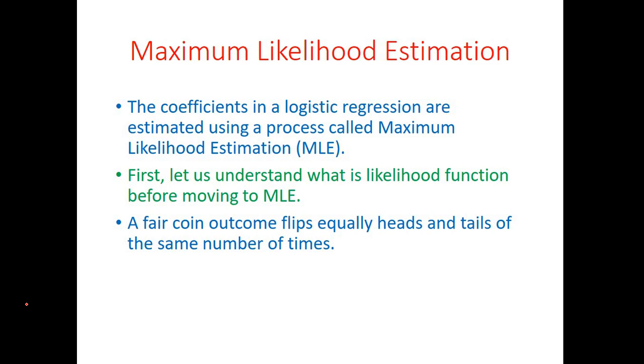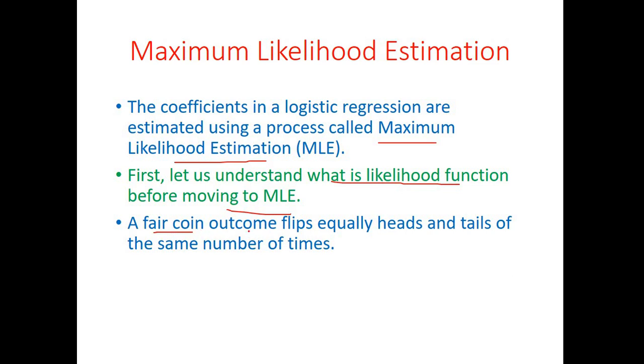Maximum likelihood estimation. The coefficients in a logistic regression are estimated using the maximum likelihood estimation function. First, let us understand the meaning of the likelihood function before we go for maximum likelihood estimation. Consider a fair coin. What is meant by a fair coin?